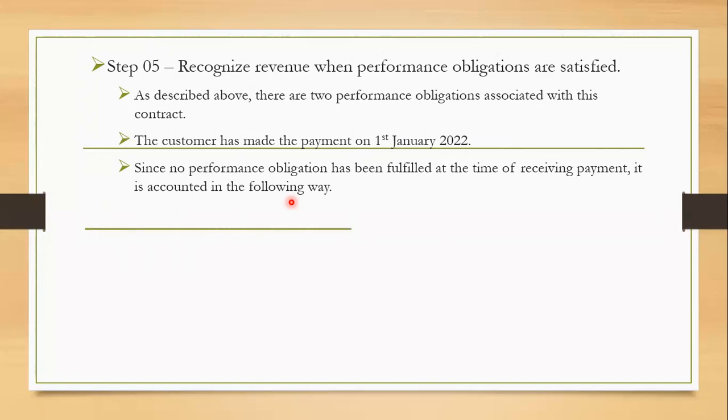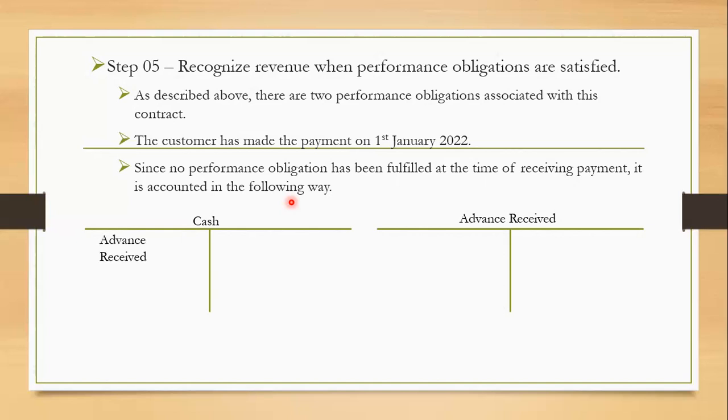We need the cash account in order to record the cash transaction. At the same time, we are taking an advance received account. If we are getting any payment from our customer without fulfilling any of the performance obligations, then we have to recognize that cash receipt as a liability.